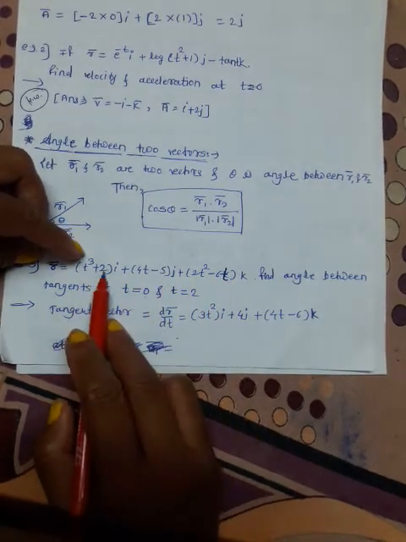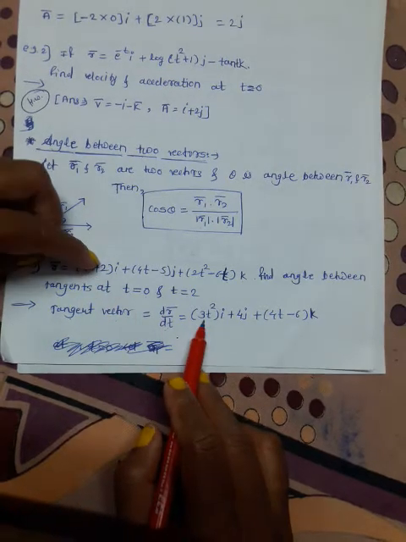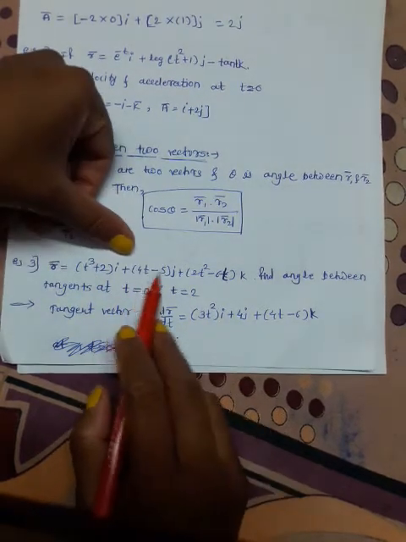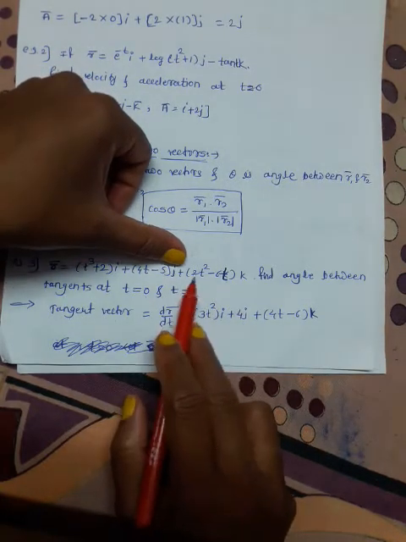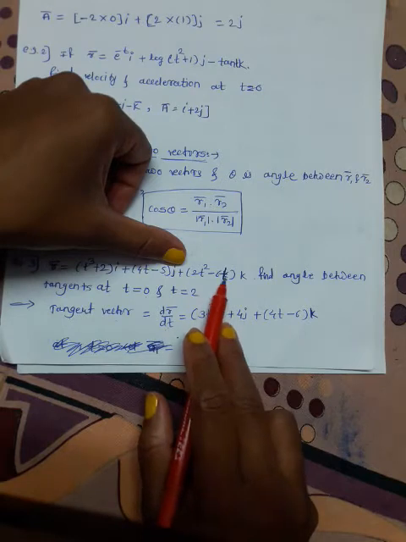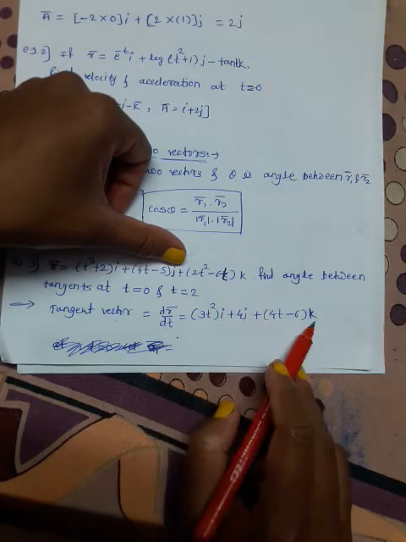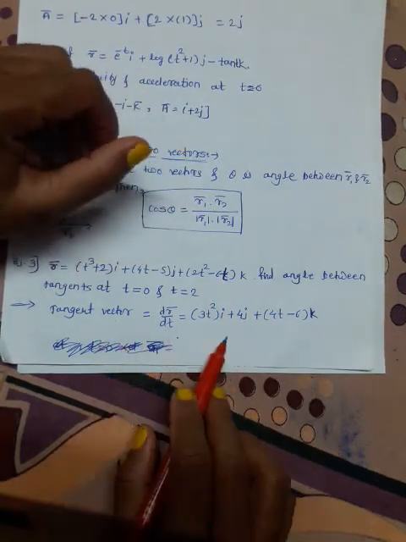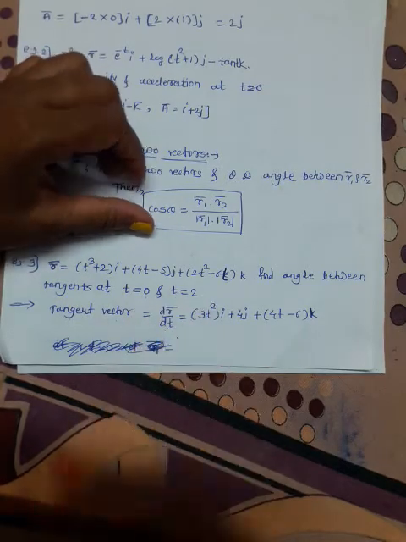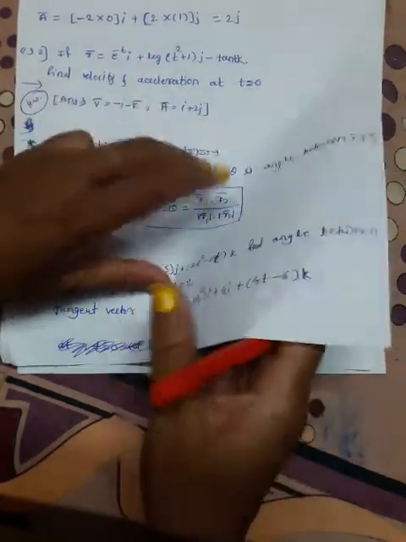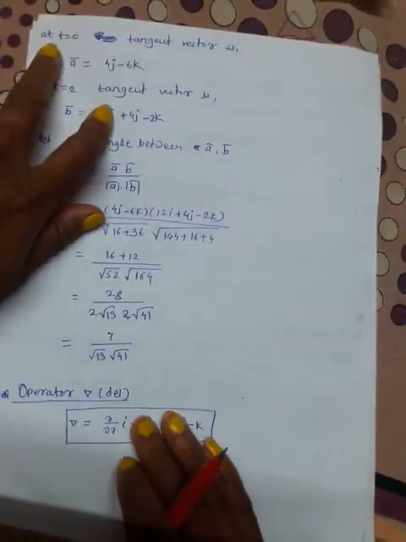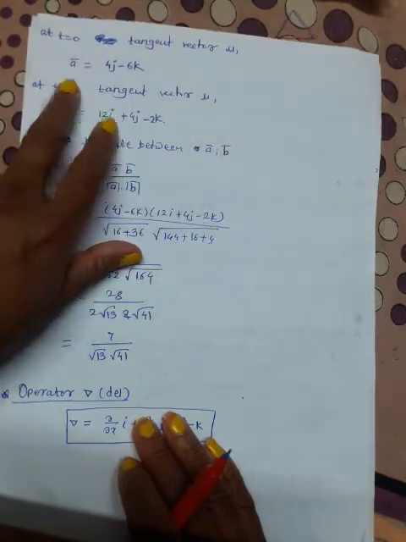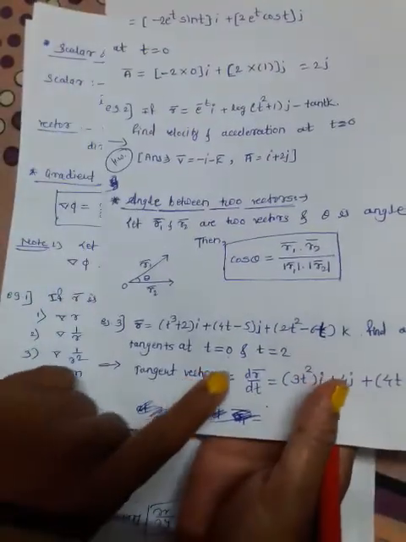The derivative of t cube plus 2 is 3t square, and the derivative of 2 is 0, so 3t square i, plus the derivative of 4t minus 5 is 4 j, plus the derivative of 2t square minus 6t is 4t minus 6 k. Once we find the tangent vector we put t equal to 0 and t equal to 2 and call them by another notation. First, at t equal to 0, the tangent vector is given by a bar equal to, put t equal to 0 everywhere.